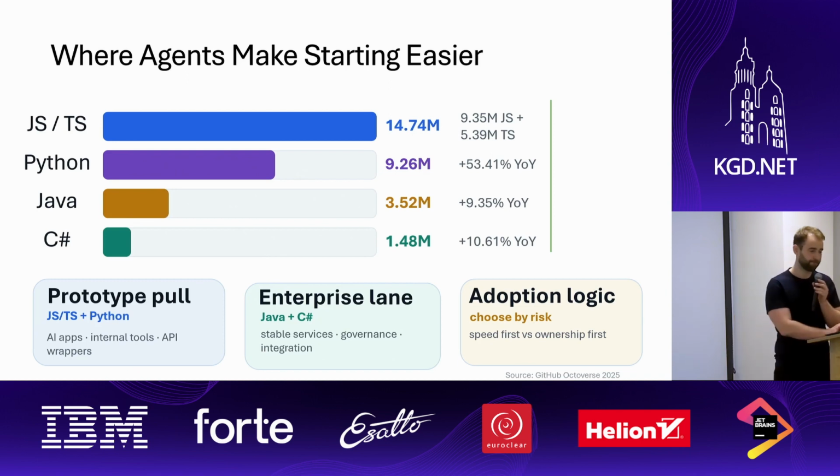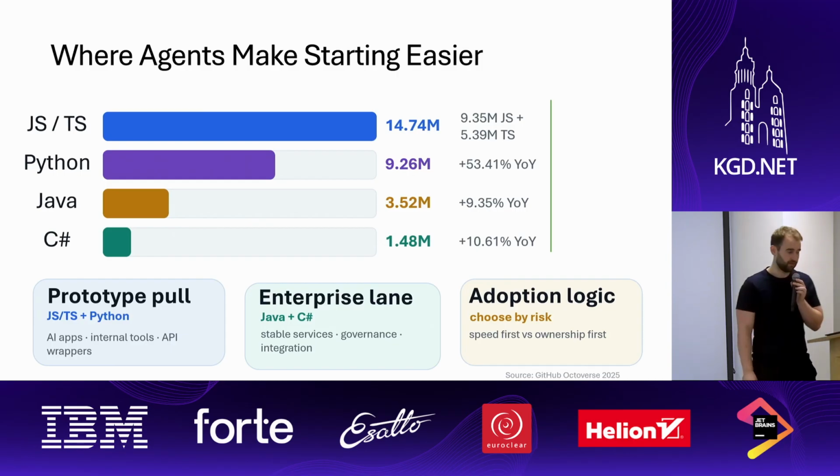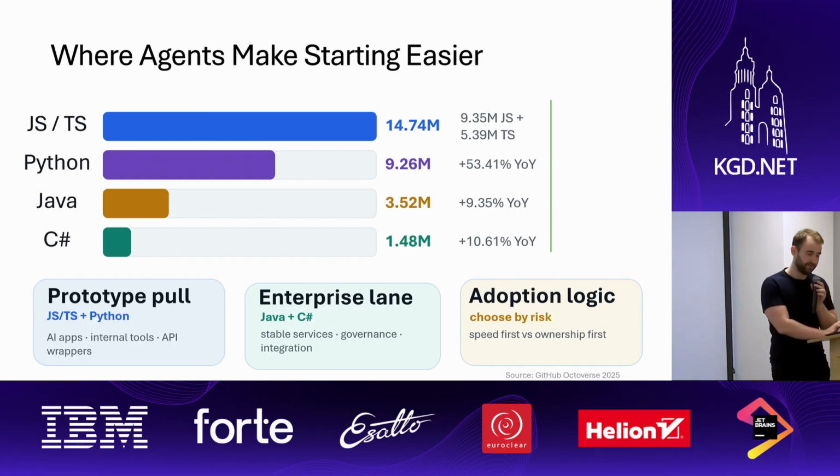We see this domination, and new prototypes may drift toward JavaScript and Python, while serious enterprise ownership keeps Java and .NET relevant.